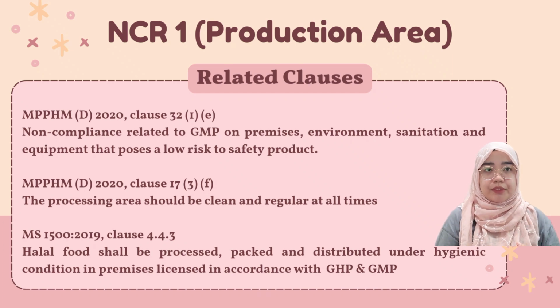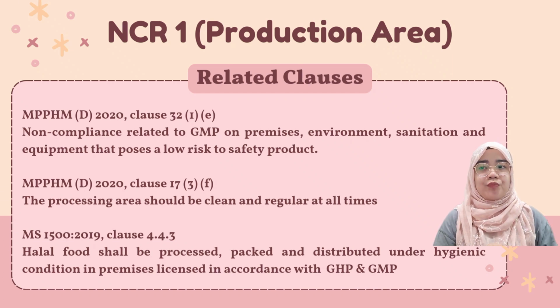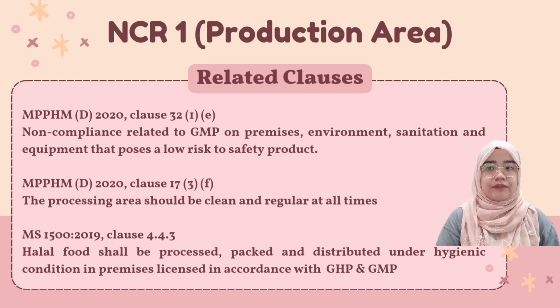Under the non-conformance, it states the non-compliance related to the GMP on premise, environment, sanitation and equipment that pose a low risk to safety product. It also relates with MPPHM Domestic 2020 Clause 17 3F. Under the processing area, it states that the processing area should be clean and regular at all times.